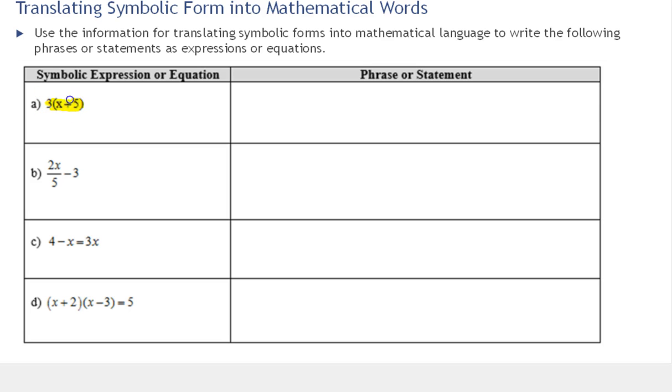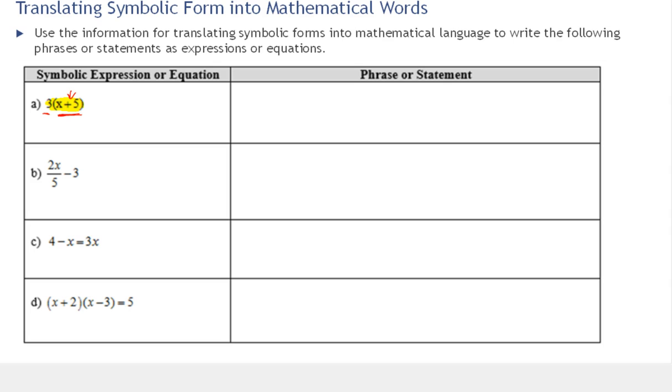So let's think about what's going on here. There's 2 operations, and I'm going to use a red pen to show them. We have addition between the x and the 5, and then we have multiplication between the 3 and the x plus 5. Okay? So there's a product and there's a sum.